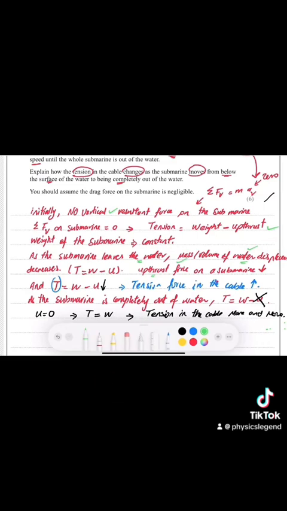And for point 5, the resultant force, which is the tension force in the cable, I get point 5. And for the final one, indicative point 6, the submarine is completely out of water. So T equals W minus upthrust, which is 0. So T equals W, so I get the 6th mark, the last point.